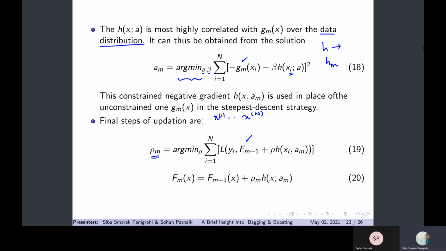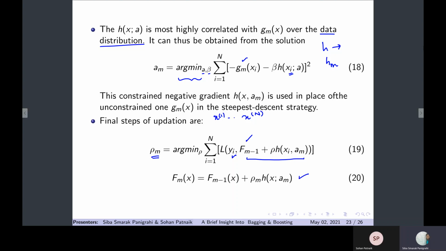Now we have to find a rho such that after taking the step in that direction, the loss is minimized. This is the loss between the ground truth and the value after taking the step. Let's say rho m is that particular rho. This is the update: f m equals f m minus 1 plus rho m h x.